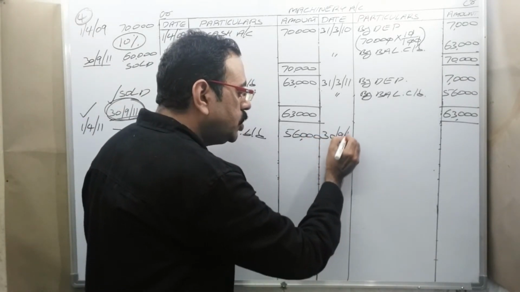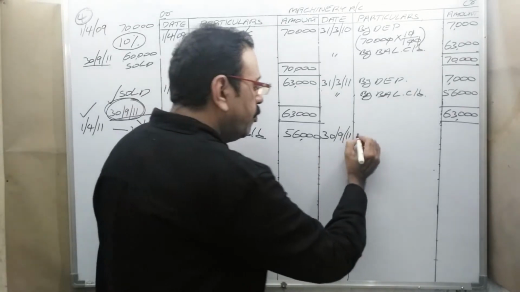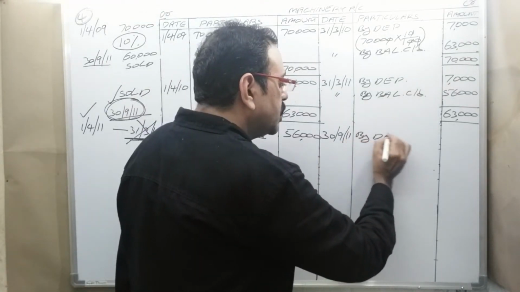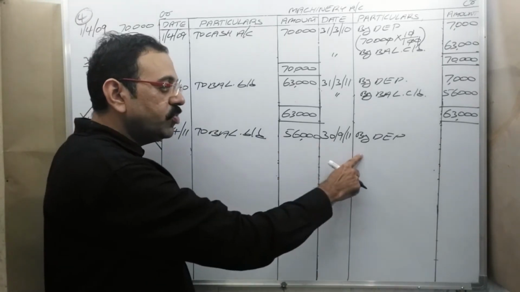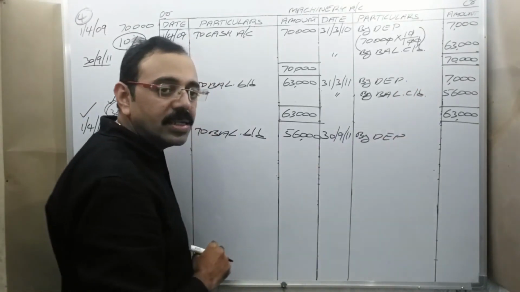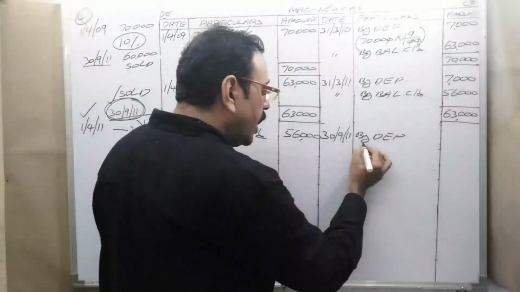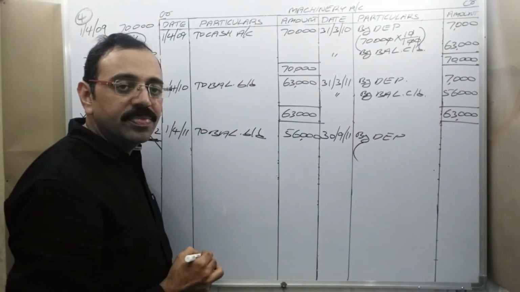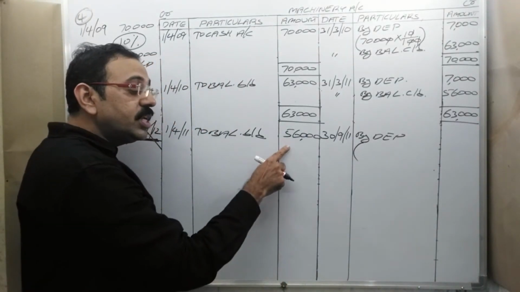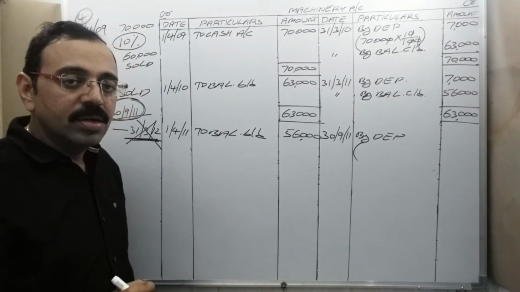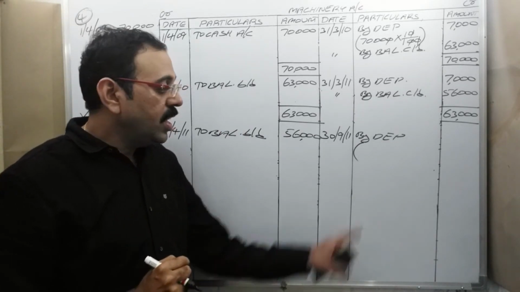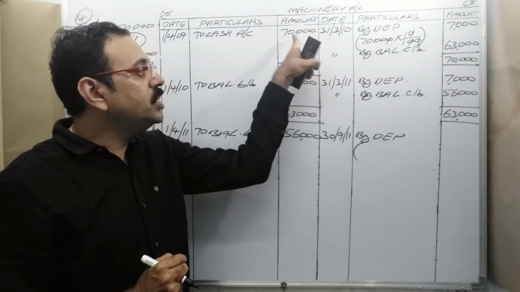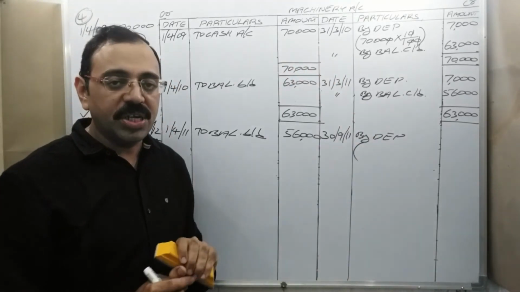30 September 2011, by depreciation. Since only for 6 months we used it, we cannot take 7,000 as it is. We need a separate calculation here. And under which method do we have to provide the depreciation? Straight line method, no? What is the feature of the straight line method? Every year on original cost only we should provide the depreciation.